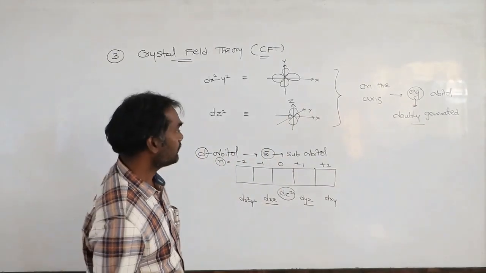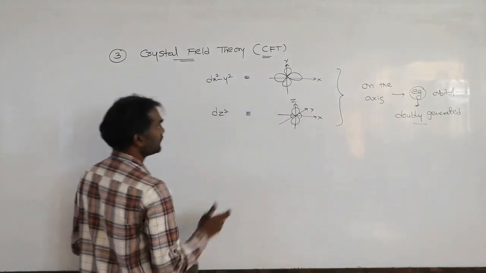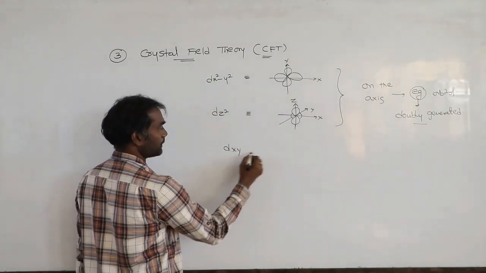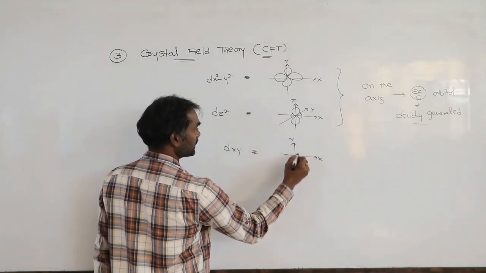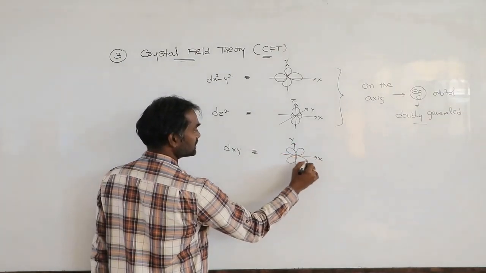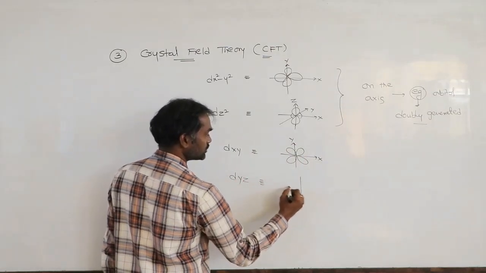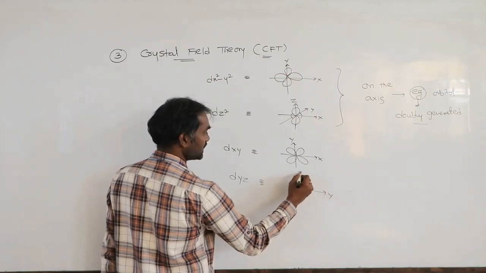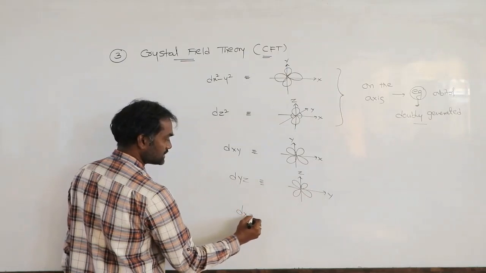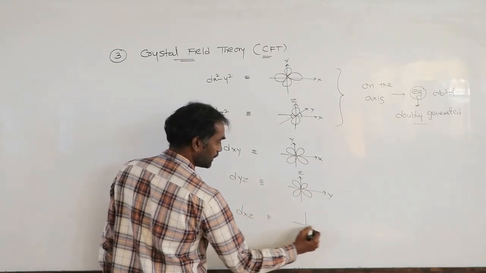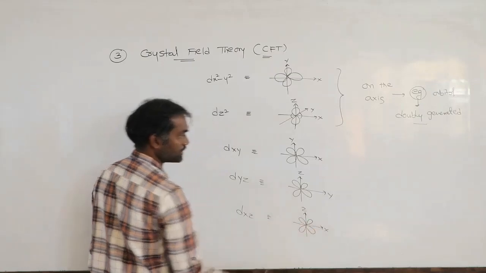Next, the remaining 3. dxy lies between the x-axis and y-axis, with a double dumbbell shape in the middle. dyz lies between y and z. Next dxz lies between the x-axis and z-axis, with the same double dumbbell shape.